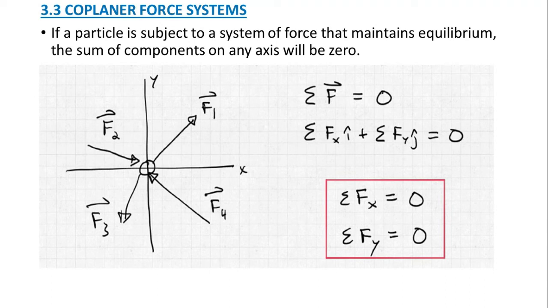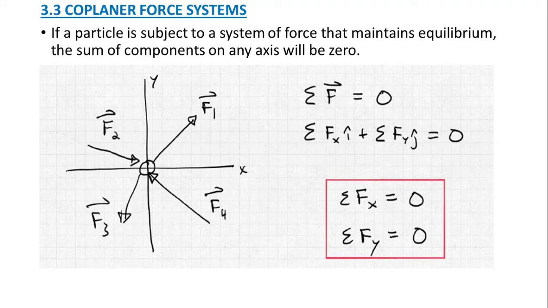Further, you will say the summation of all those forces is equal to 0. Then you sum up all the forces' x components, sigma Fx with the unit vector i, sigma Fx i, and then sum up the force components lying on the y-axis, sigma Fy j, and you can segregate it.